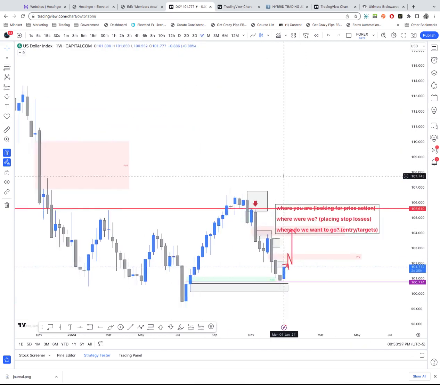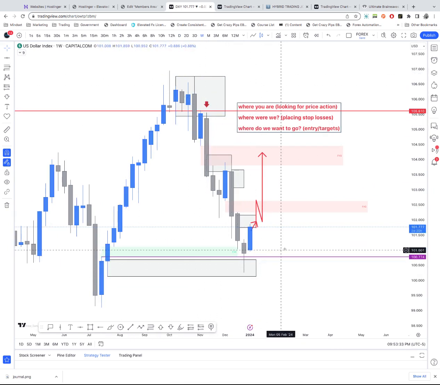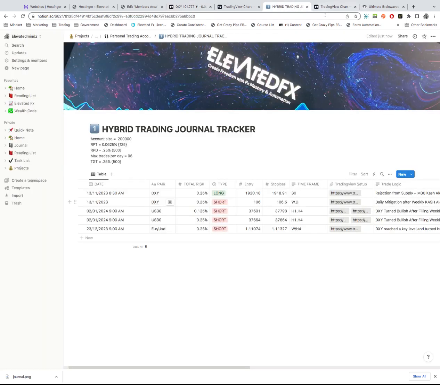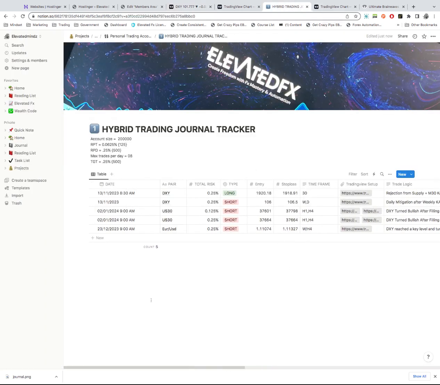So it went from one weekly key level to another weekly key level.